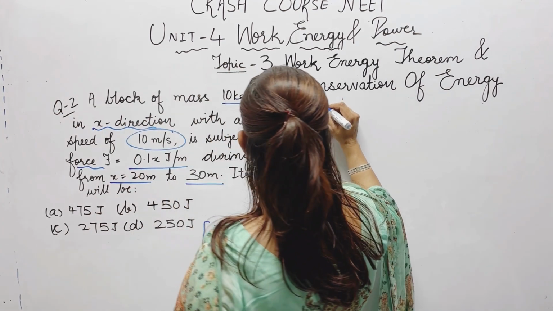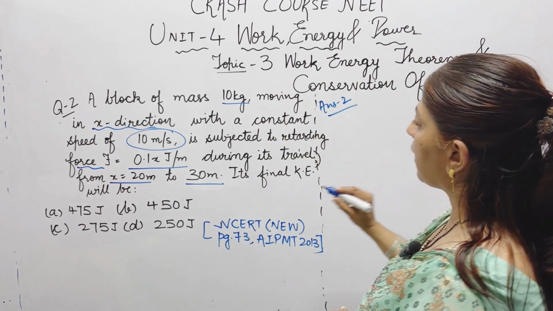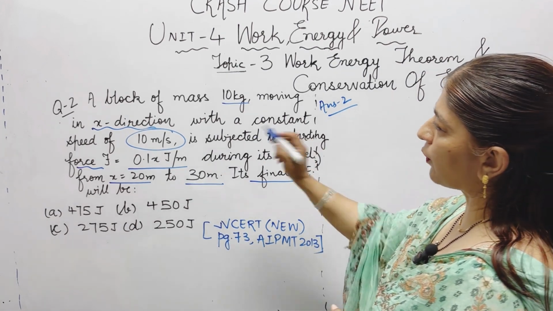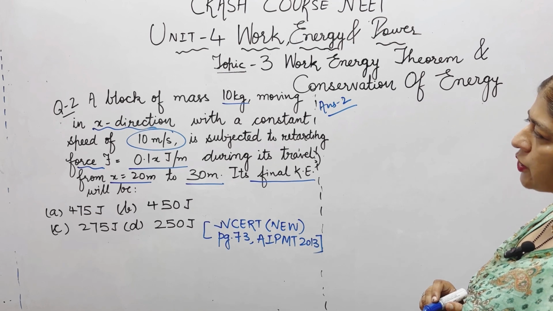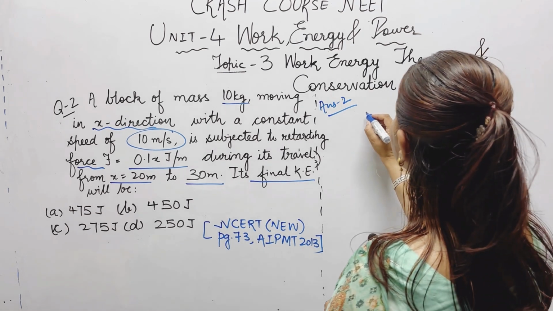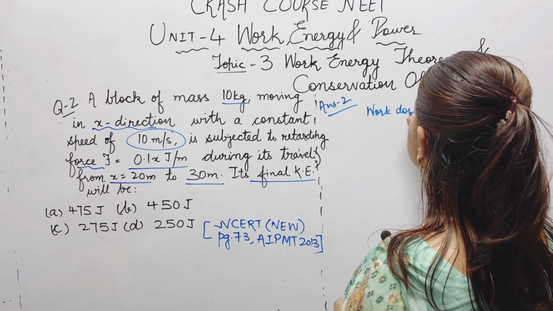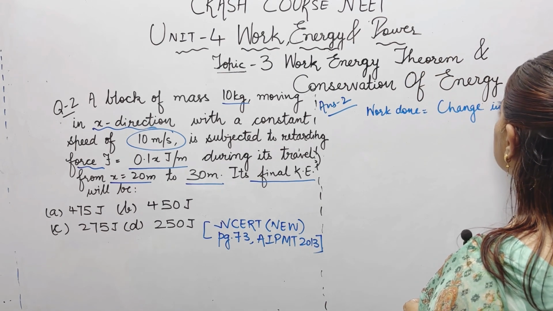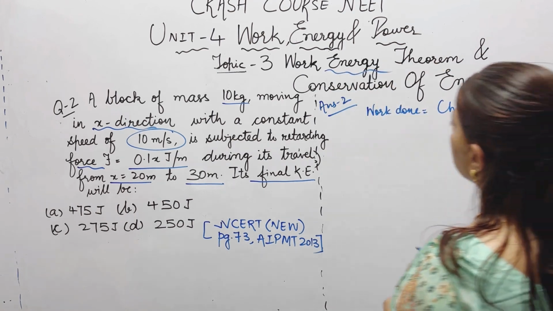So let us do question number 2. In this, we need to find out the final kinetic energy. And here we are provided with the work done and we can find out the initial kinetic energy. So, work done is equal to change in kinetic energy. Again, this is based on the work energy theorem.